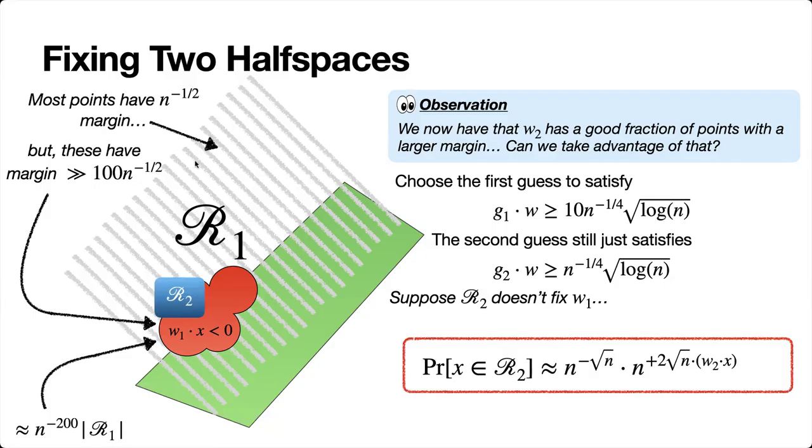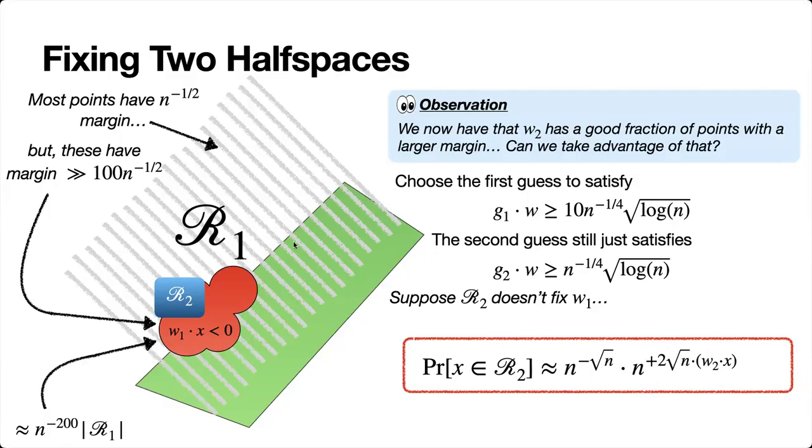If the points in the gray region have margin 1 over root n, then the points in the red region ought to have margin something like 100 over root n, because there's n to the minus 200 of them. And so I need this advantage term over here to be like n to the 200. So the root n's cancel, and I need a 100 here to get an n to the 200 from this term.